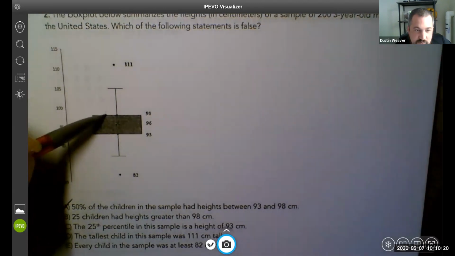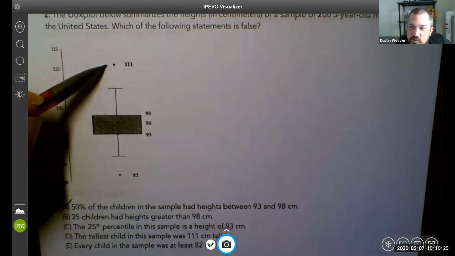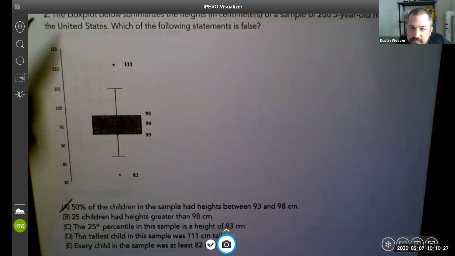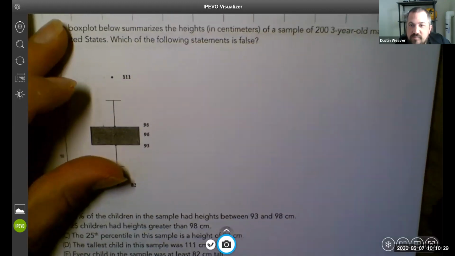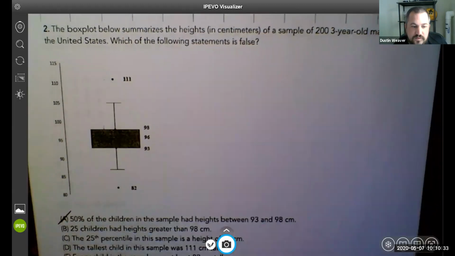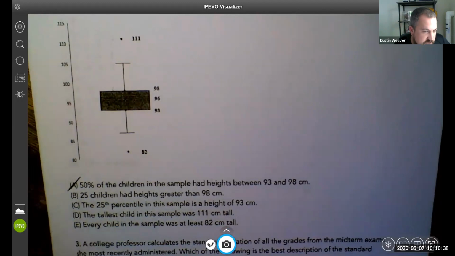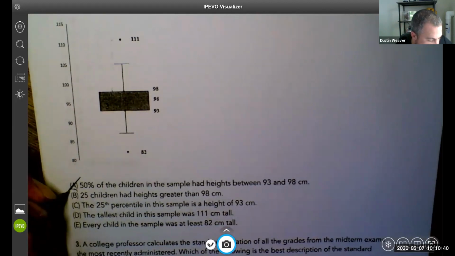So 98 is Q3. So from Q3 to the maximum should be 25% of our data, right? 25% of our sample would be how many 3-year-olds? It would be 50. So this is going to be our false statement.